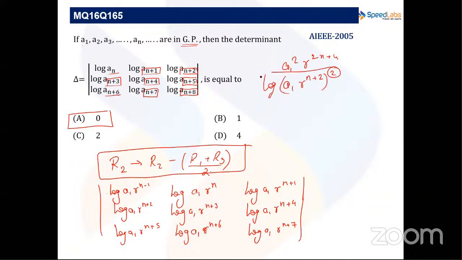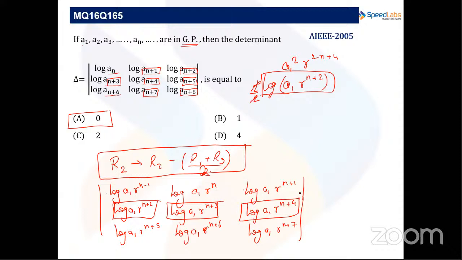So 2 will come in front, and we are also having 1 by 2. So this 2 will get cancelled out by this 2, and we will get the term of a21, that is second row and first column. Got it? And similarly we will get this term, and similarly you will get this term. So the whole answer will come out to be 0.